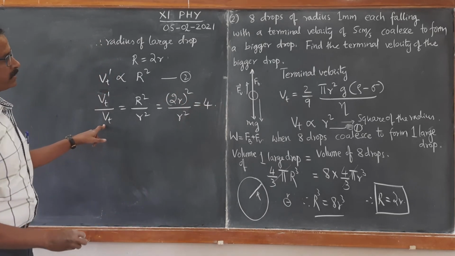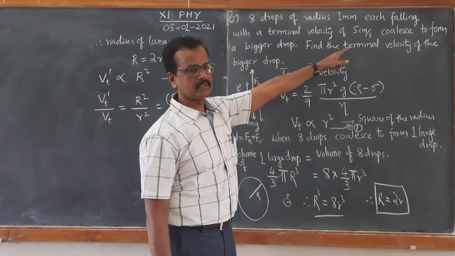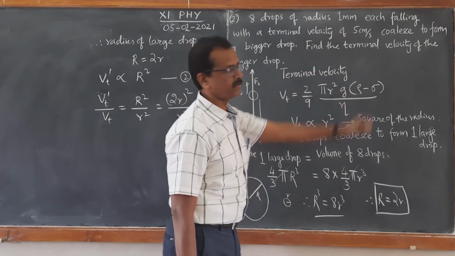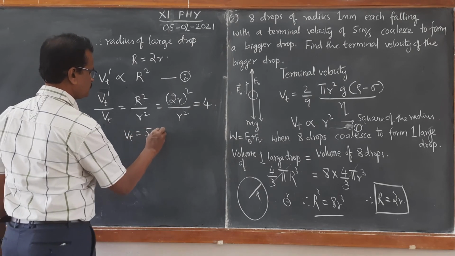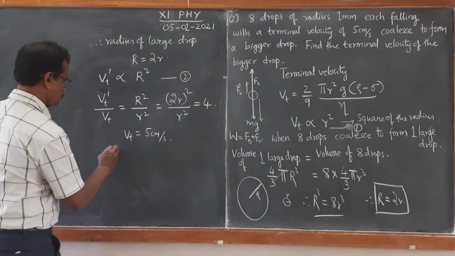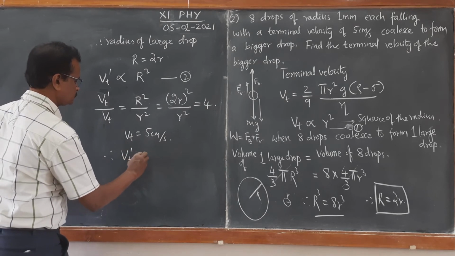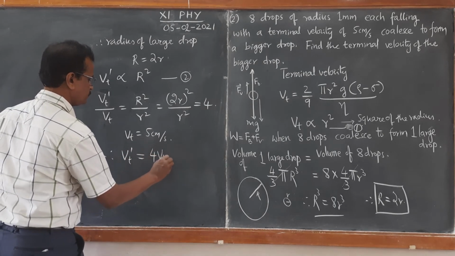Vt is already given: the terminal speed of each small drop is 5 cm per second. Therefore Vt dash is equal to 4 times Vt.